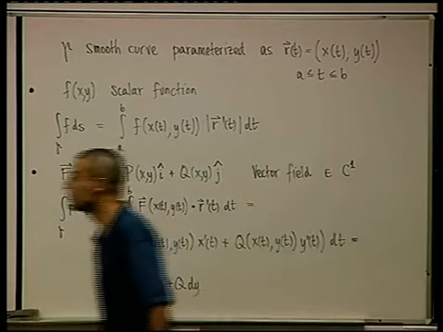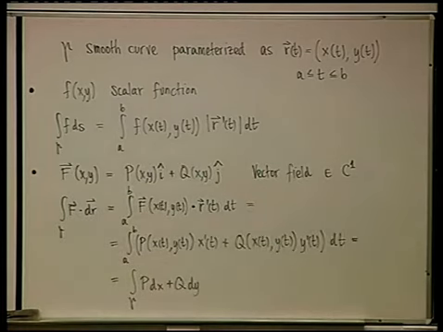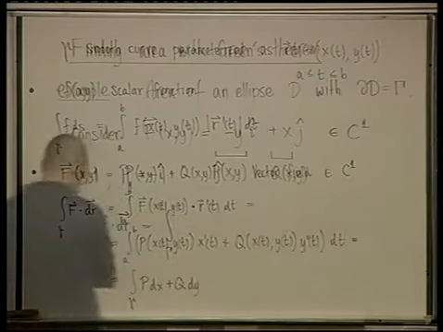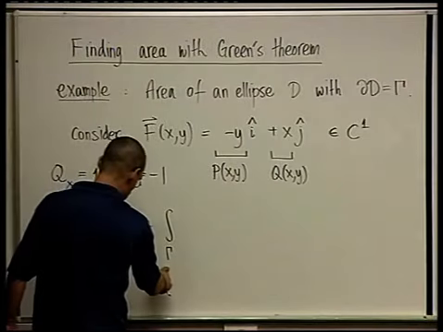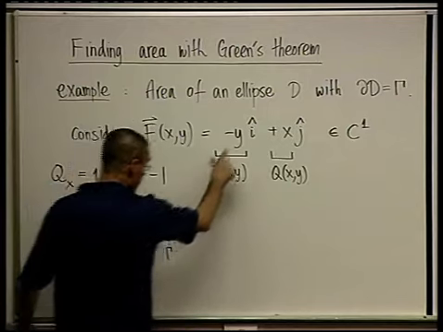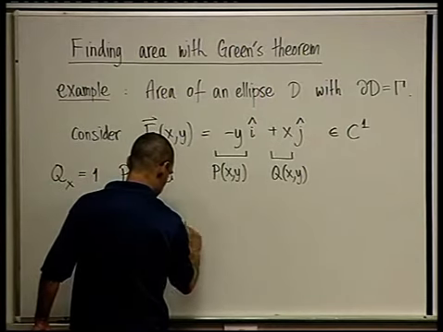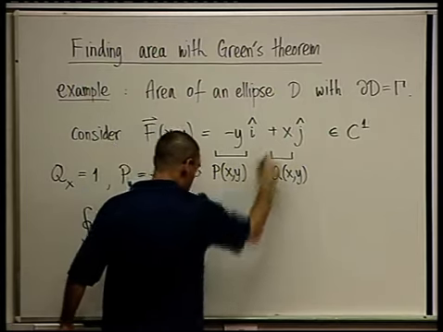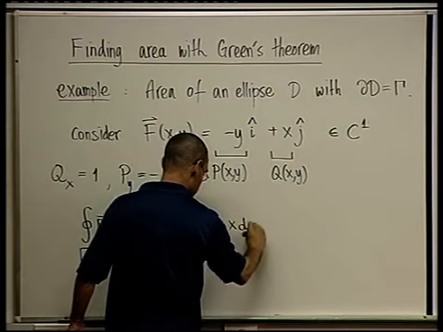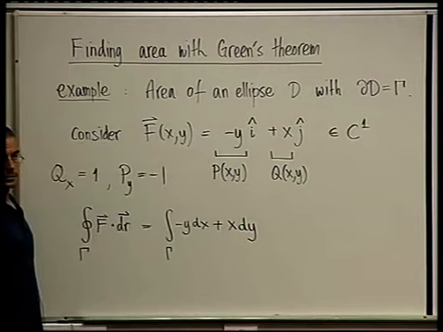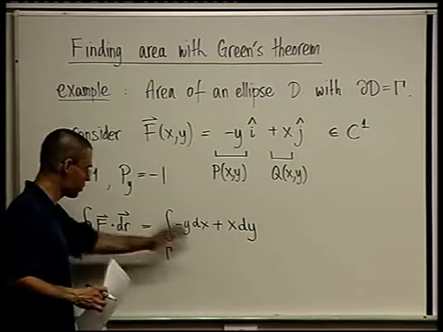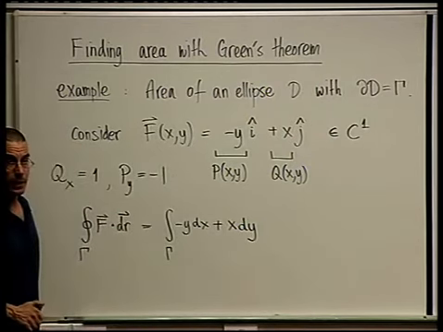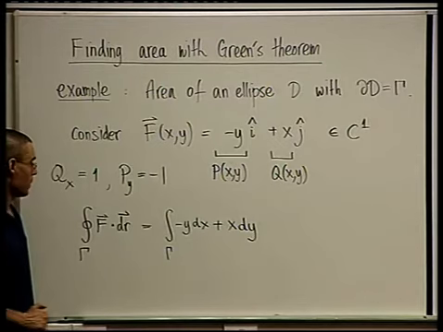So let's do that. The integral of F dot dr over this ellipse gamma is the integral over gamma of P, minus y dx, plus Q, x dy. Do you agree that in that notation, this is precisely what we get? Good? Okay.